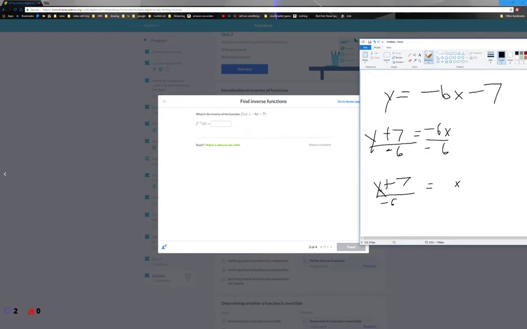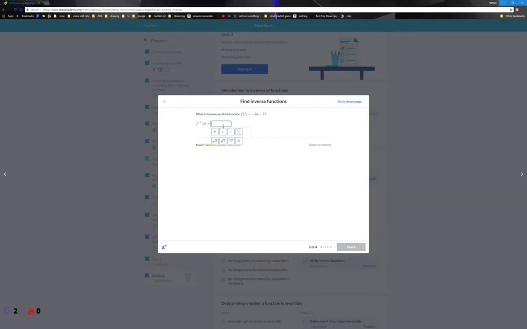We can replace the y with an x, and we'll replace this x over here with f inverse of x. So this is going to be x plus 7 over negative 6. There we go. Next question.